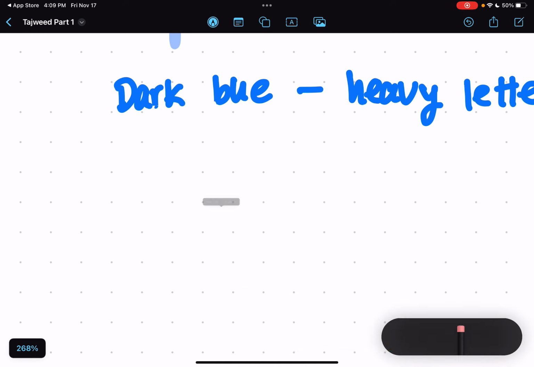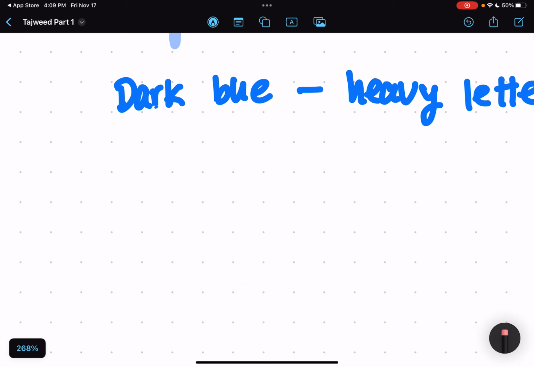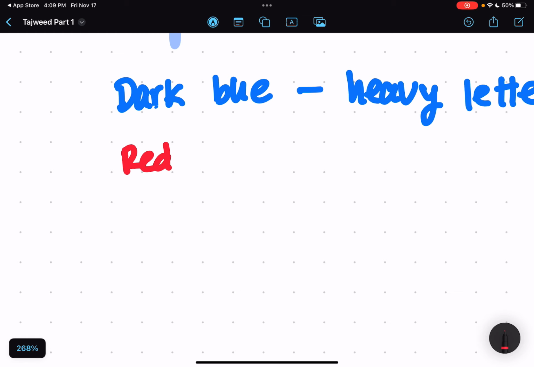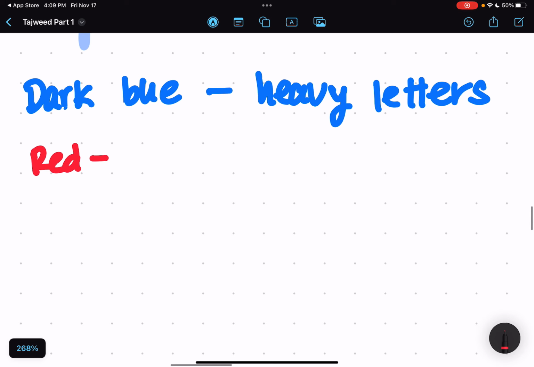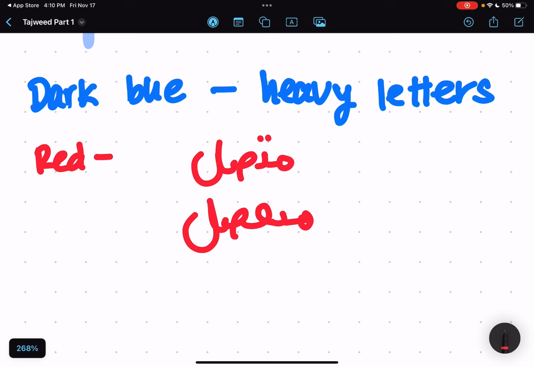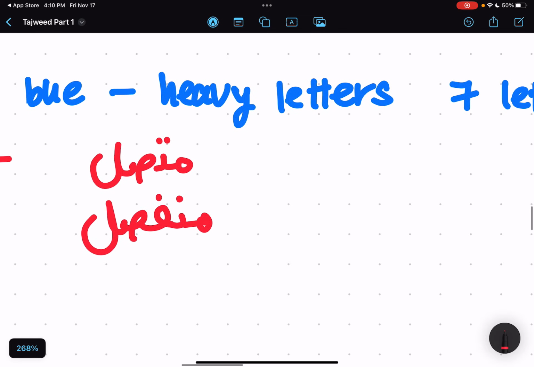And then we have a red color. This one has 2 variations. One is called muntasil, and another one is munfasil. What do I mean by this?